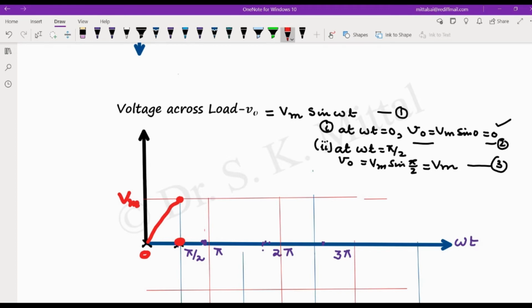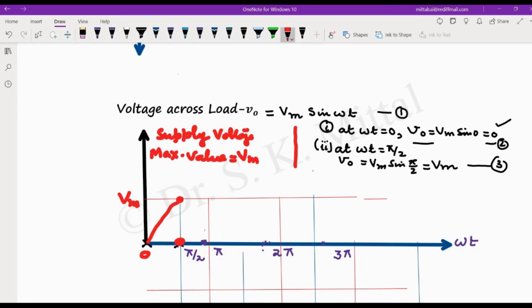Now what happens? The maximum value of supply voltage is equal to Vm. What is the voltage across the capacitor? We know the fundamental that the capacitor charges till maximum supply voltage.